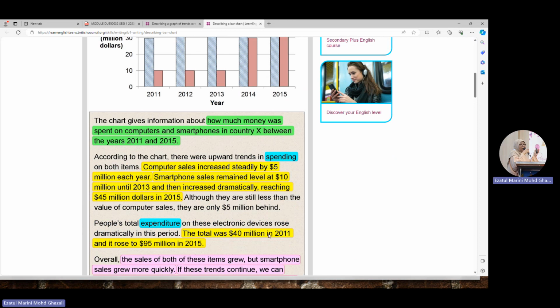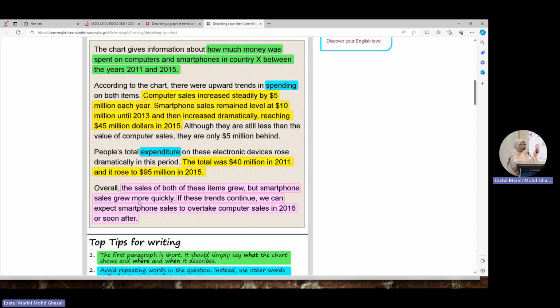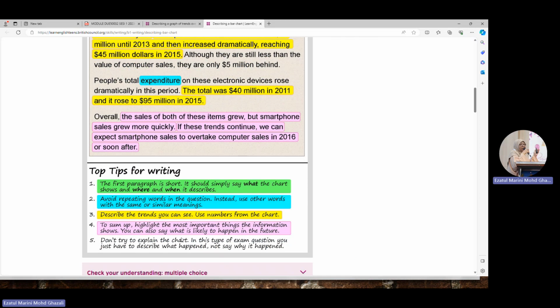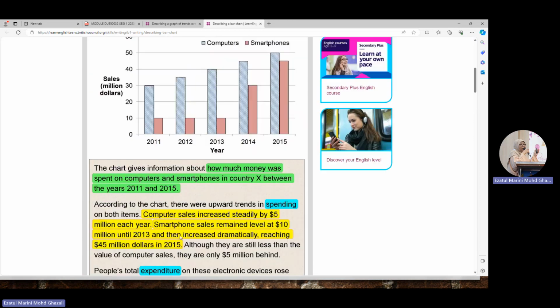The total was 40 million in 2011, and it rose to 95 million in 2015. So overall, the sales of both of these items grew, but smartphone sales grew more quickly. If these trends continue, we can expect smartphone sales to overtake computer sales in 2016 or soon after.